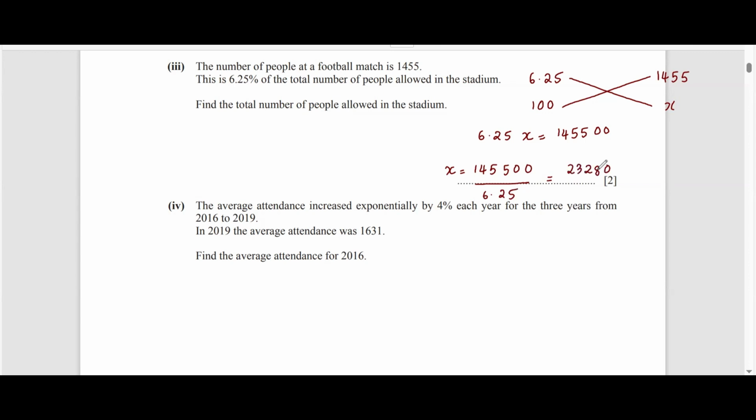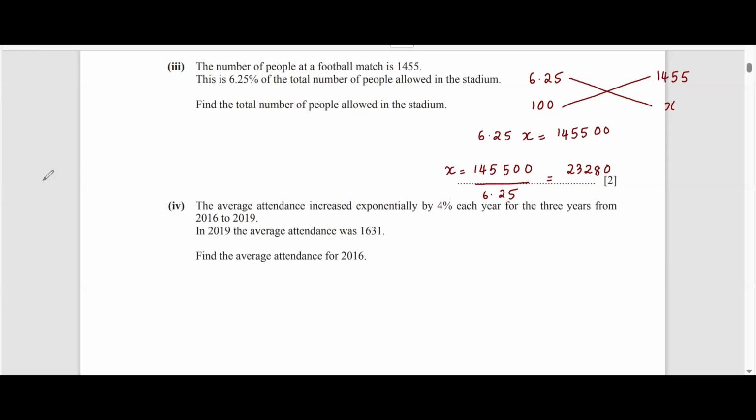So 23,280 people is the number if we have a completely packed stadium, 100% with people. So we'll be having 23,280 people over there. Now in the stadium, only 6.25% was filled. So that is 1,455. I hope you have understood this.